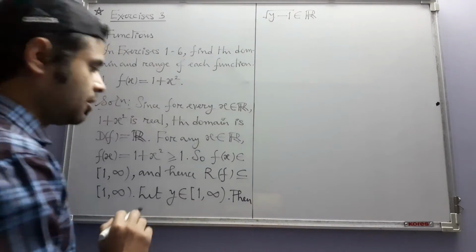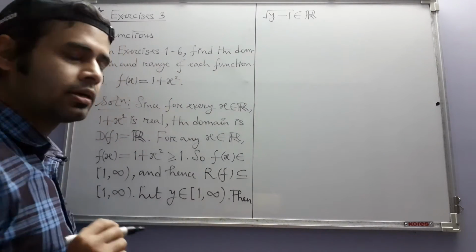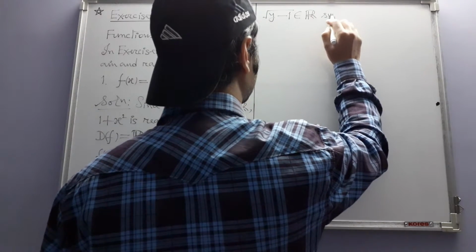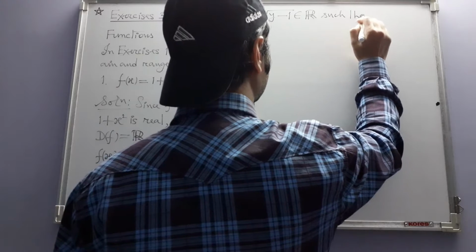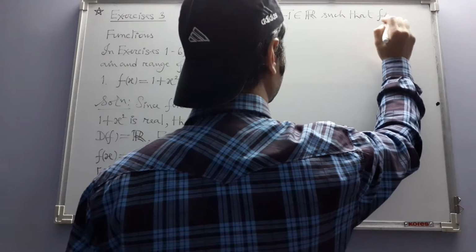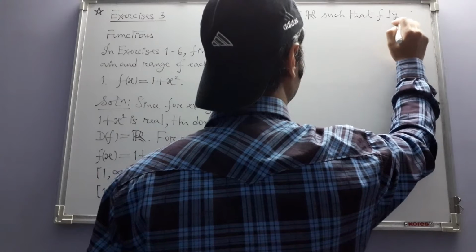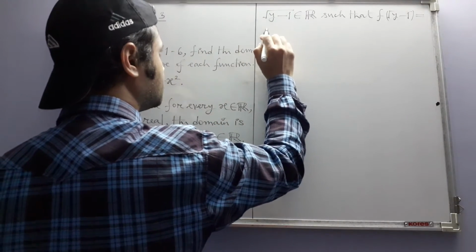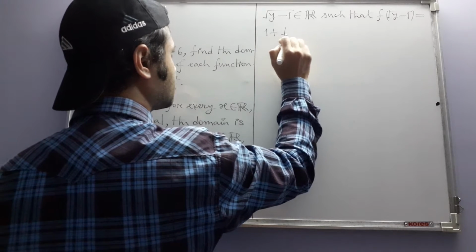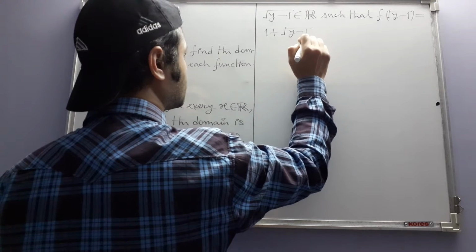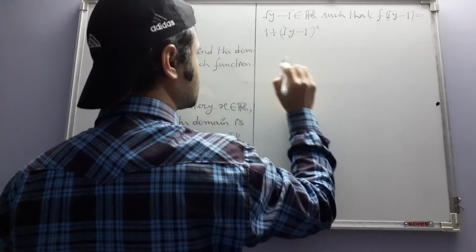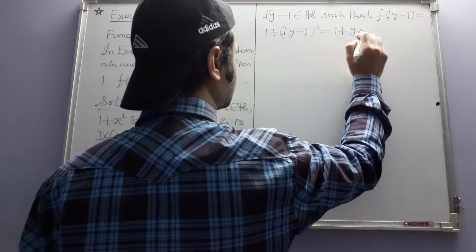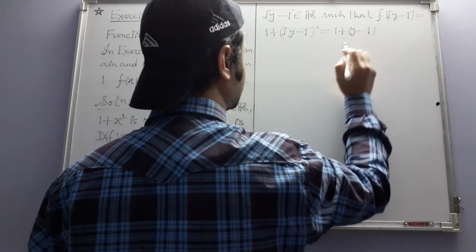The reason this belongs to R is that y is greater than or equal to 1, such that f of square root of y minus 1 is equal to 1 plus this square. This is y minus 1.